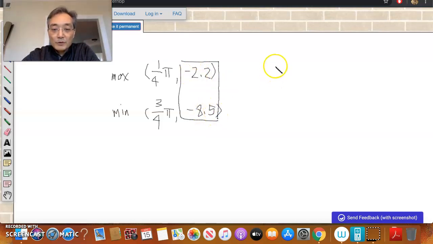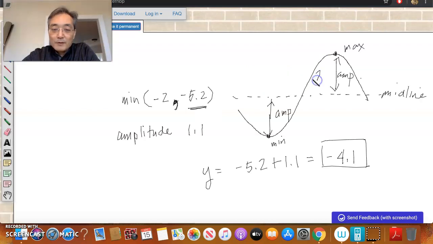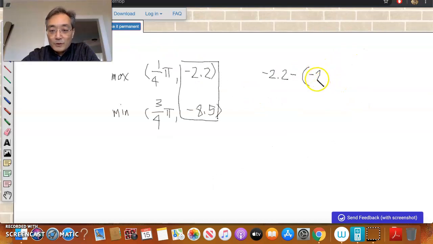Well, we have to just do a little subtraction, correct, if we want to find the total distance. So it would be negative 2.2 minus negative 8.5.